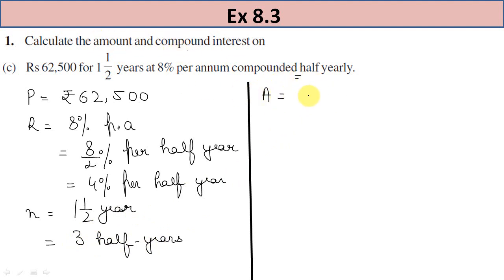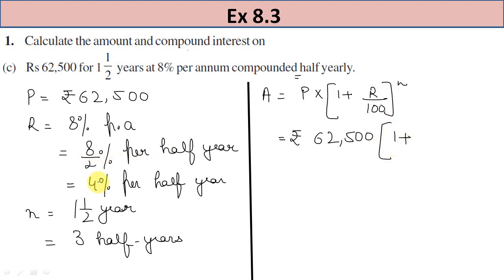So now what you need to find out? Amount. Amount is equal to principal into 1 plus rate upon 100 raised to the power n. The principal is the same, which is 62,500. Rate is now 4% per half year. So we will write here 4 by 100 and time is 3 half years. Now 4 ones are 4, 4 25s are 100, right? So what is left in the bracket now?